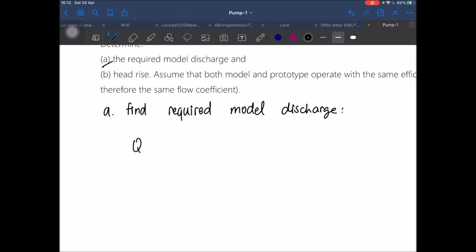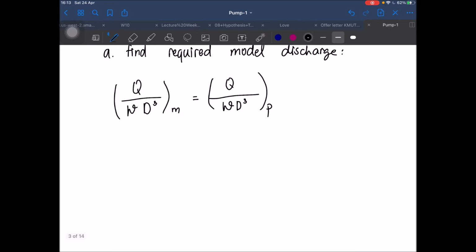We have this equation Q, which is the flow rate, over the angular speed, or we can just say speed, over D to the power of 3. So this is the model equals the pump. This is the same here, but now we can find the Qm.